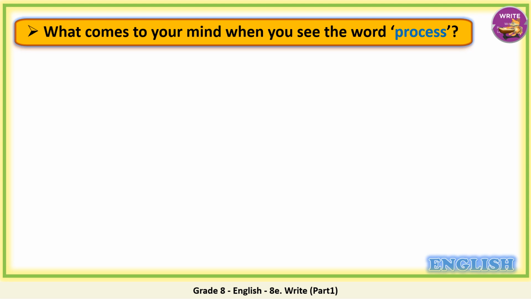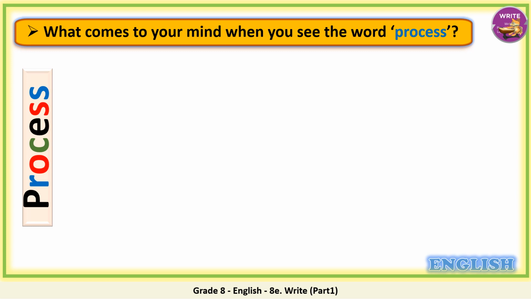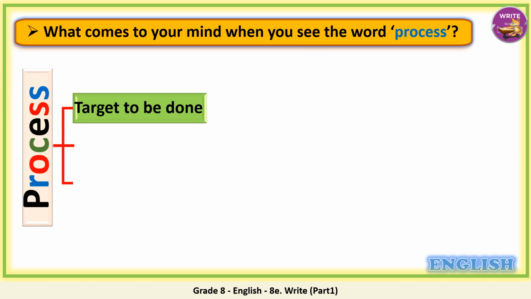What comes to your mind when you see the word process? Think carefully and check with me. Process. Very good. Target, to be done. The thing you want to do. Excellent. How to do things.